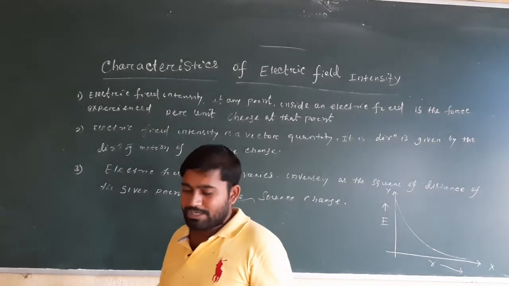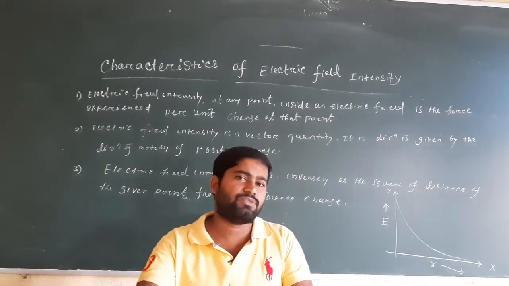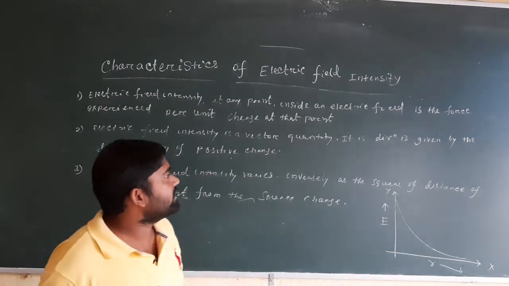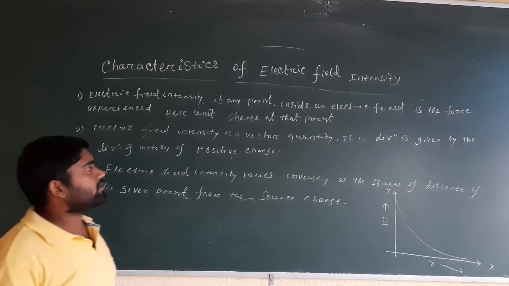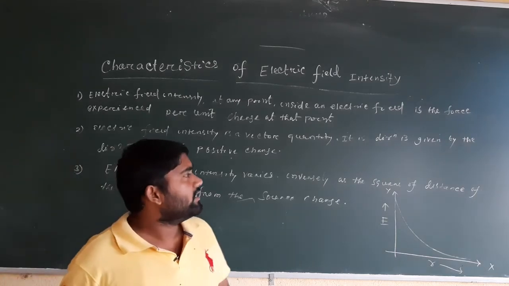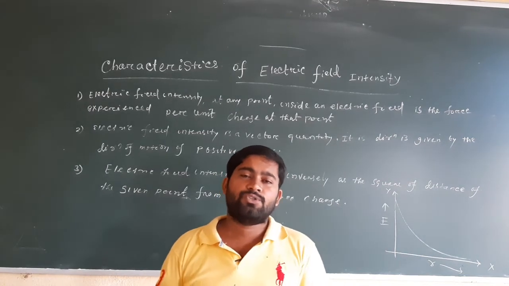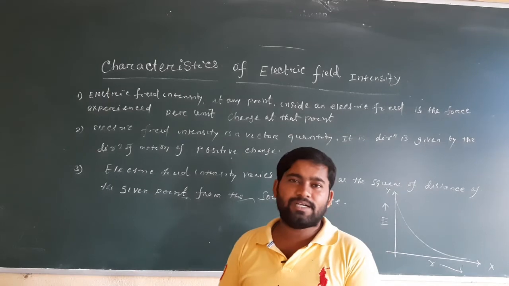That means the electric field intensity at any point inside an electric field. When we place any charged particle in an electric field, the electric field intensity at any point inside the field is equal to the force per unit positive charge placed at that point.